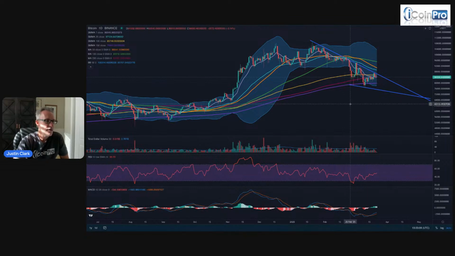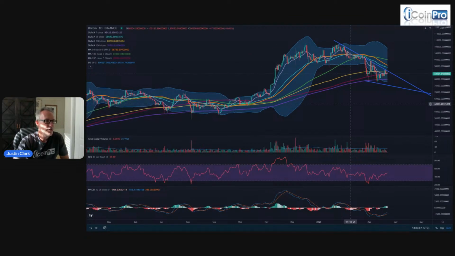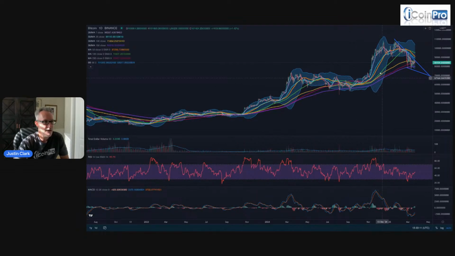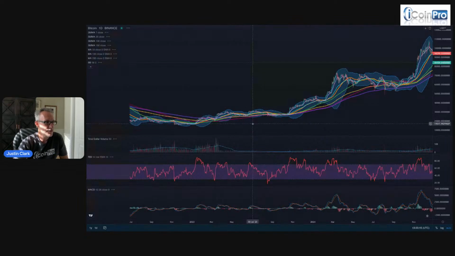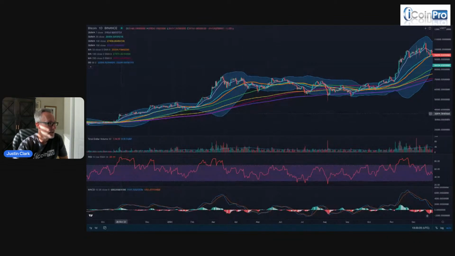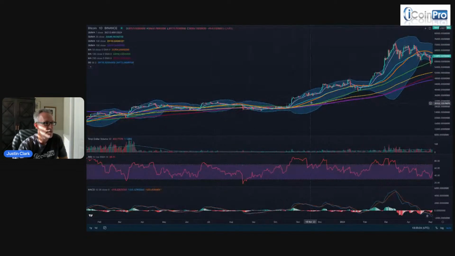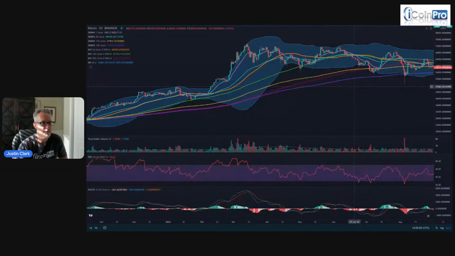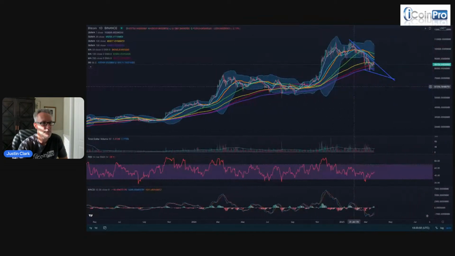Now, flipping over here and looking a little bit further out, you'll see these shaded areas called Bollinger Bands. Why this chart is so helpful is when all of the price action is trading primarily above all of these moving averages, in particular when it starts to trade above this light purple moving average, that means that we're potentially in a bullish market and almost definitely not in a bearish market.